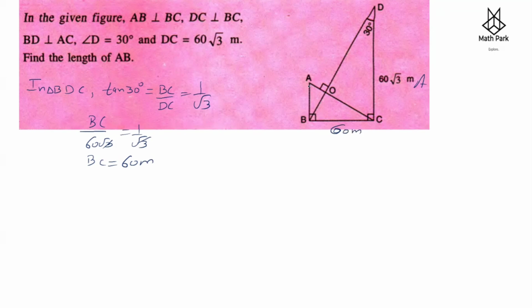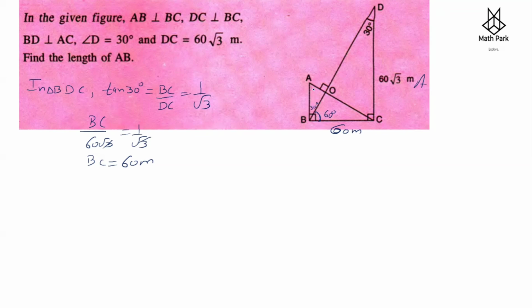Now we need to find the value of AB. For that, let us see here, in triangle BDC, this is 30 degrees. This angle has to be 60 because this is 90 degrees. Now, if this is 60 degrees and this complete is 90 degrees, this is going to be 30 degrees.